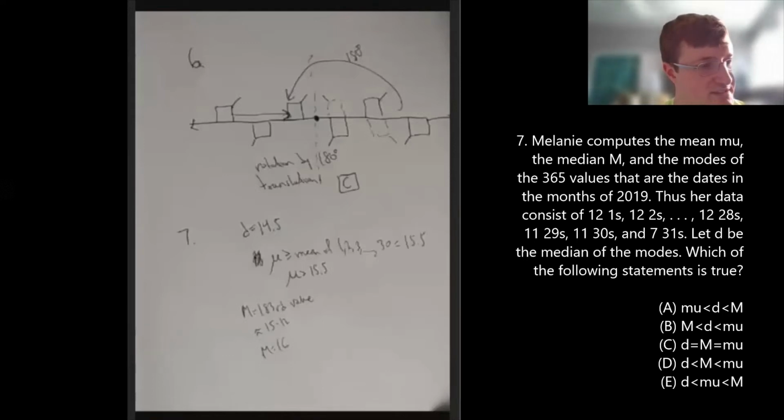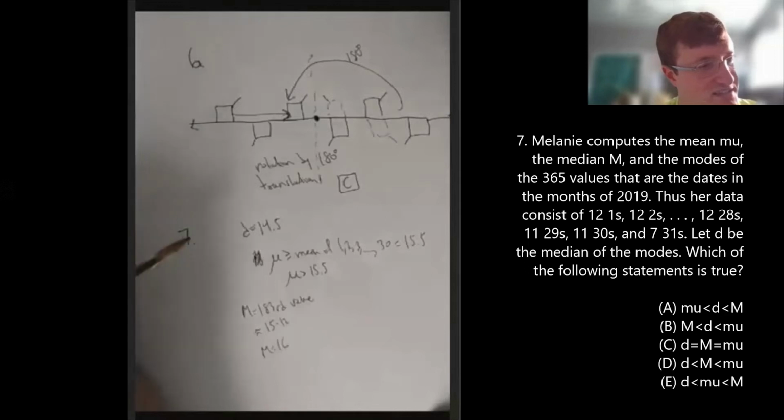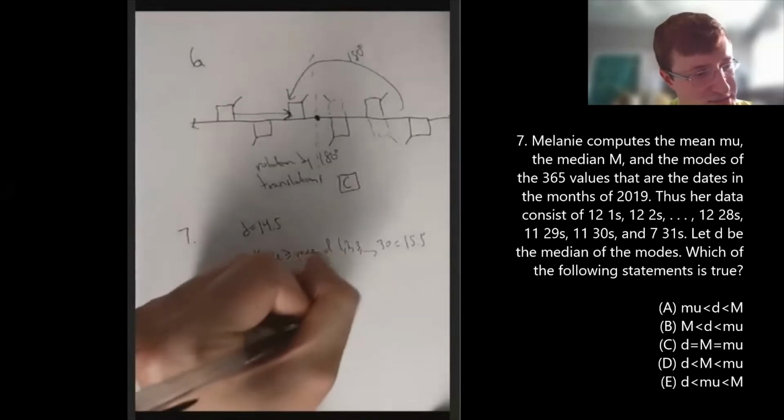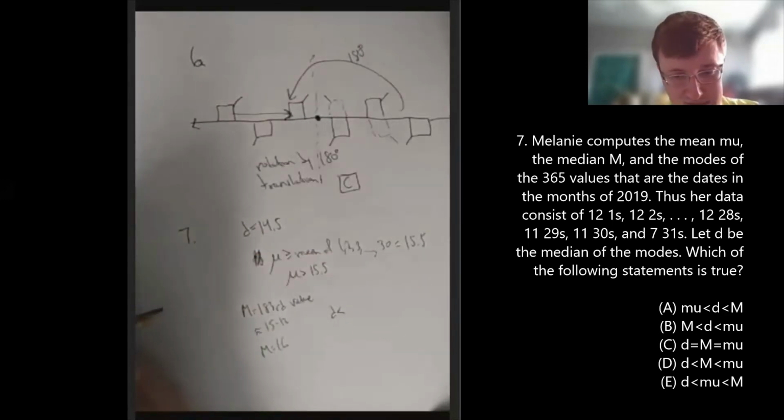Let me just think about this for a second, just to be sure. So D is definitely the smallest. So that already narrows things down a bit. And then the median should be the largest.